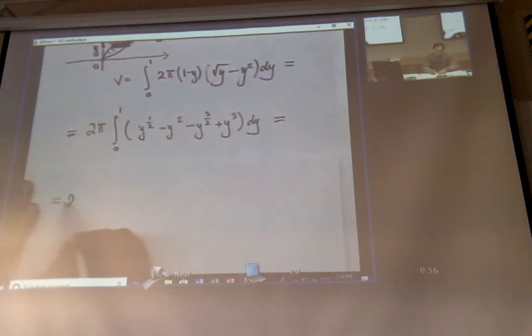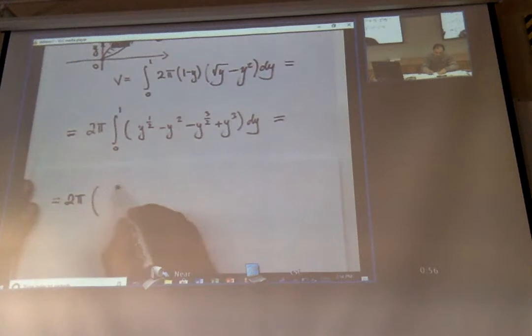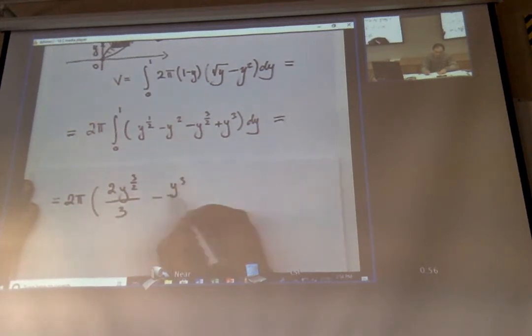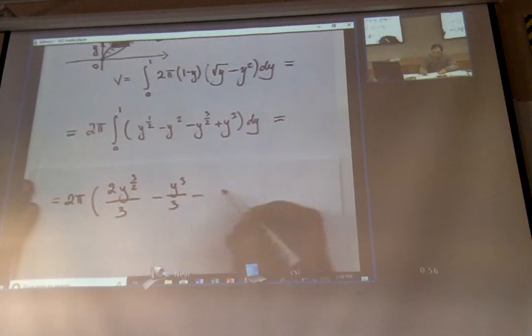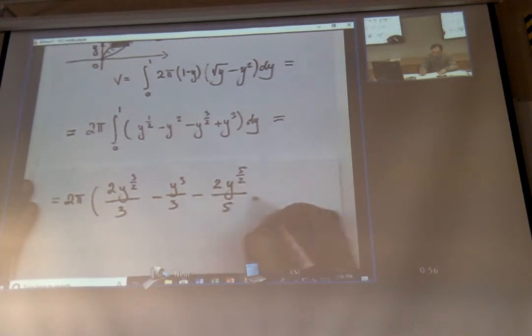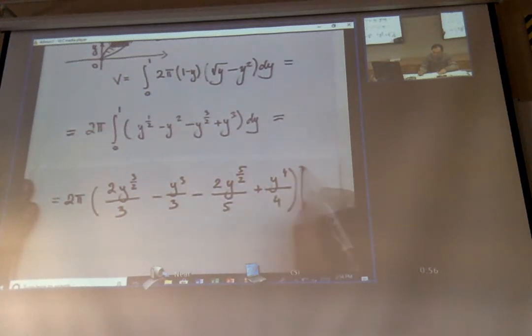So 2 pi, here we'll have 2y to 3 halves over 3 minus y cubed over 3 minus 2y to 5 halves over 5 plus y to the 4th over 4, from 0 to 1.